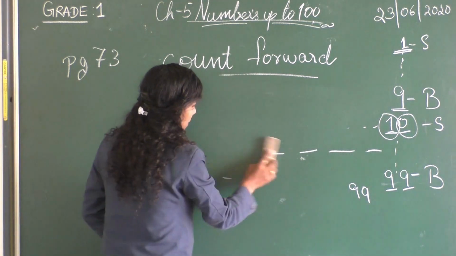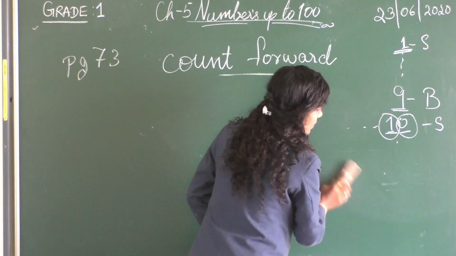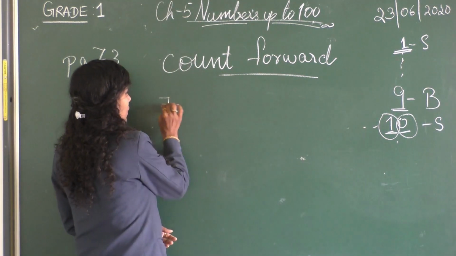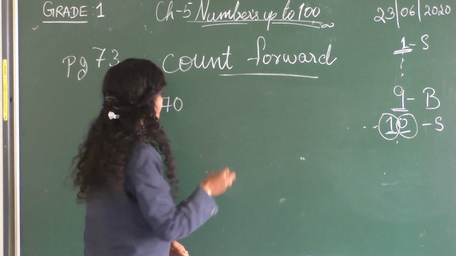So let's make the number line, starting from 70.